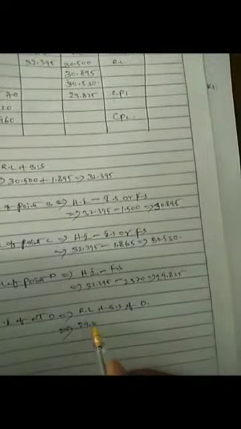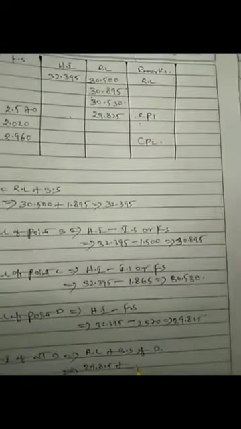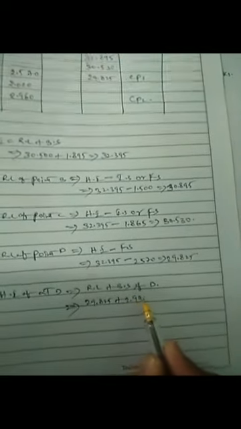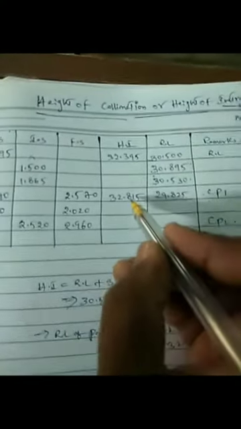Backside of point D. So you can write here RL, how much we got here? 29.825 plus backside of D, how much? 2.990. Then you will be getting the value 32.815. So you write this here, 32.815. So now we got the HI of the point D also.